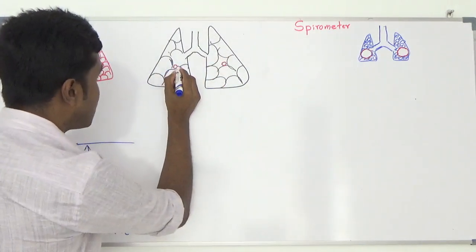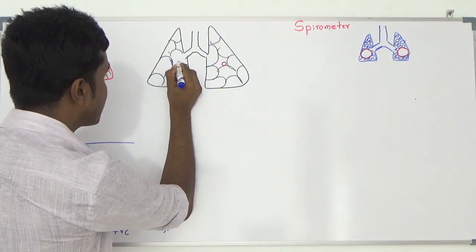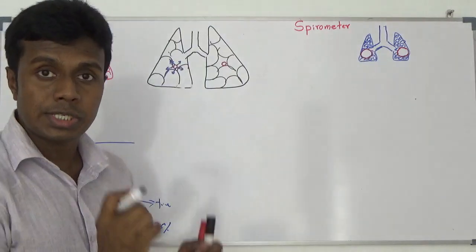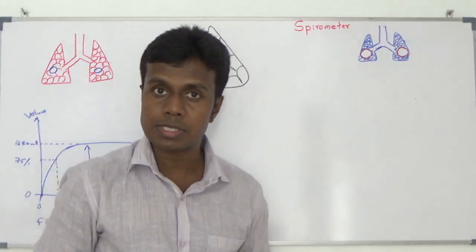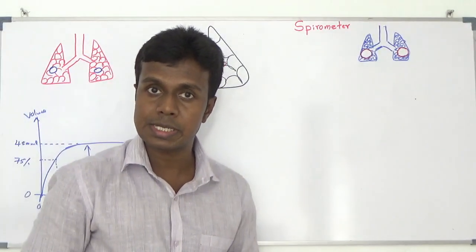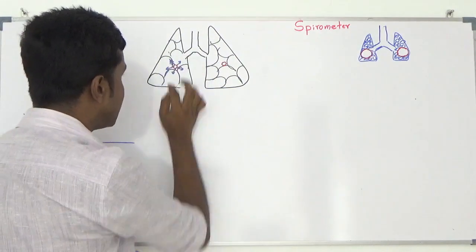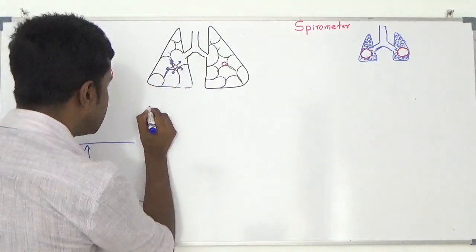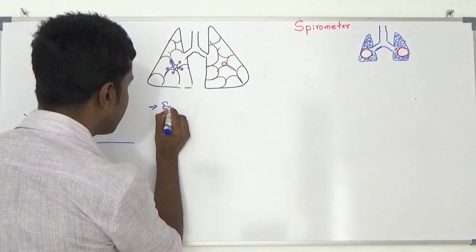Because of that, the radial traction on your smaller airway is lost, because this radial traction is maintained by alveolar septa. Now alveolar septa is less, so with no radial traction, the airway tends to narrow. The condition is called emphysema.